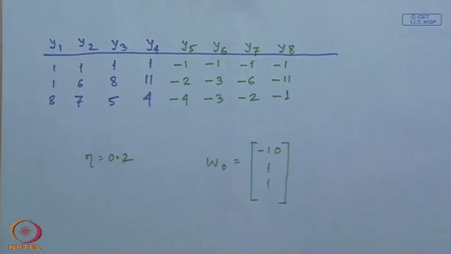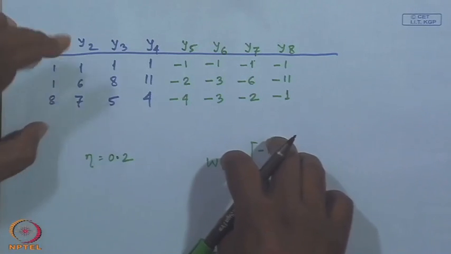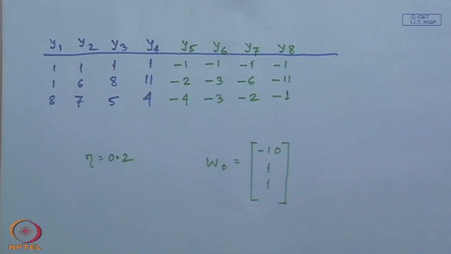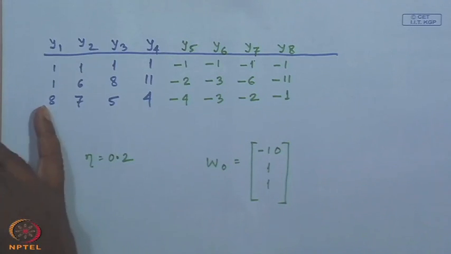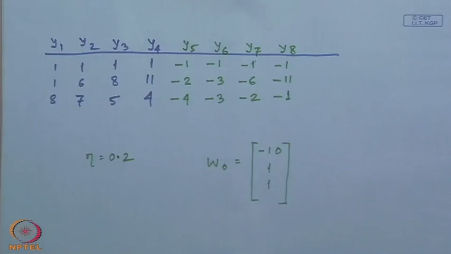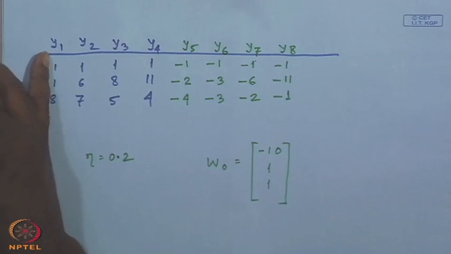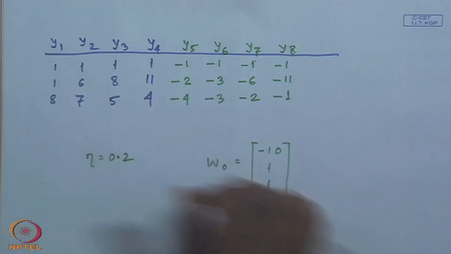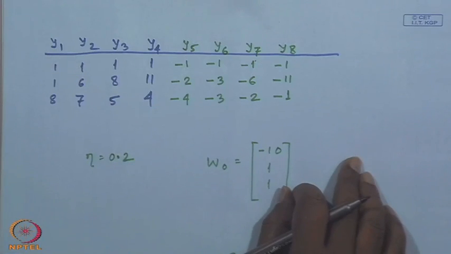So, how the algorithm has to work. I have to take w transpose y for each of these y's. For that sample y, if w transpose y is positive, that sample is correctly classified by this weight vector.